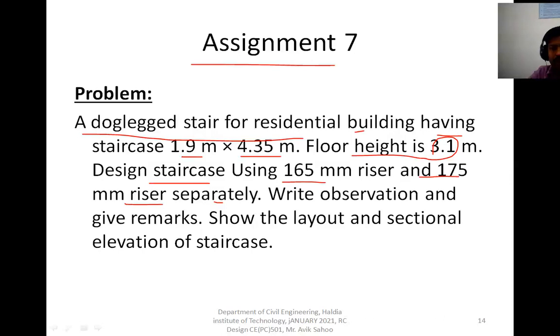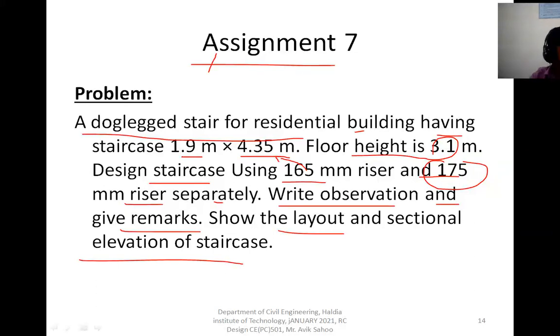So means first you design it, make the plan of the staircase using the 160 mm riser, and then you make the plan using the 170 mm riser, and you write the observation and give remarks, along with the layout and sectional elevation of the staircase. So that you have to submit as assignment 7.